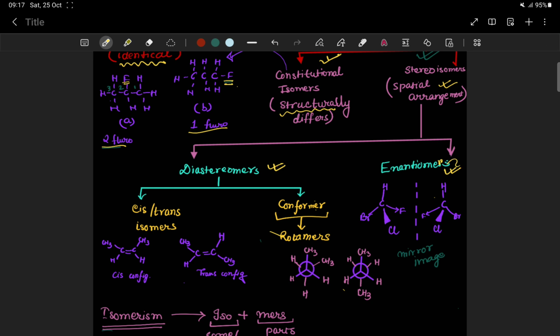The mirror image is called an enantiomer, a non-superimposable mirror image. But a diastereomer is not the mirror image. Diastereomers can be further classified as cis-trans isomers or conformers. We are going to read each and everything, but you need to wait for the whole lecture. One by one I will upload the lectures, you have to follow them.